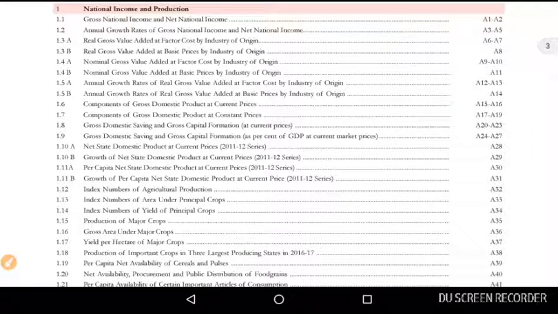The basic definitions you must know before pursuing the Economic Survey series, because I will not teach what real gross value or GDP is. You must prepare that by yourself.